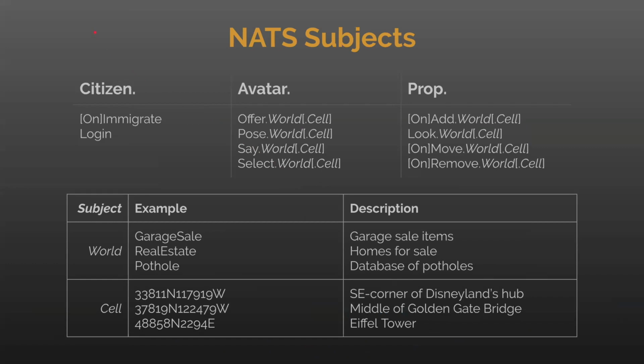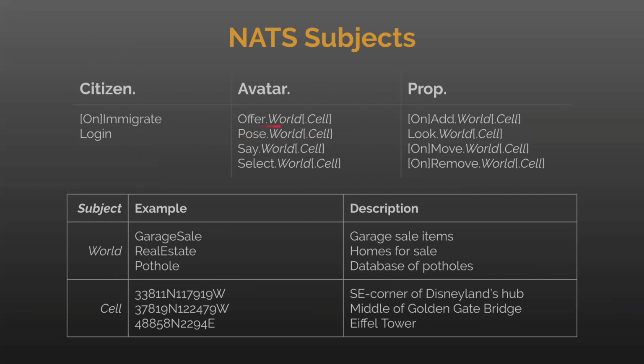So we had to come up with the set of subjects that we want to communicate on. And so we have the citizen service, the avatar service, and the prop service. And so we created just some simple subjects. So citizen.immigrate, when you want to immigrate into the system or log in an existing user.